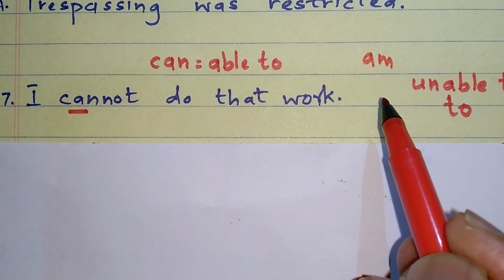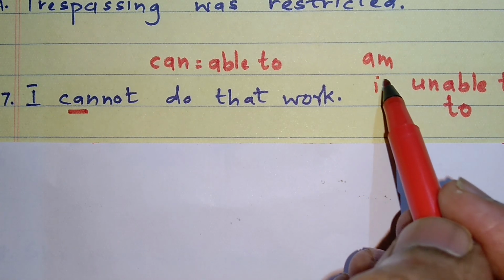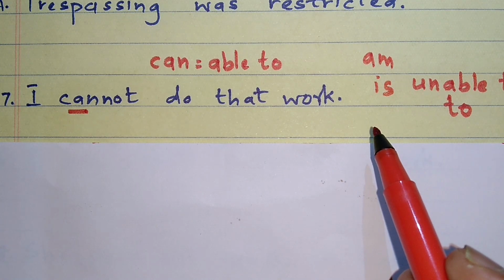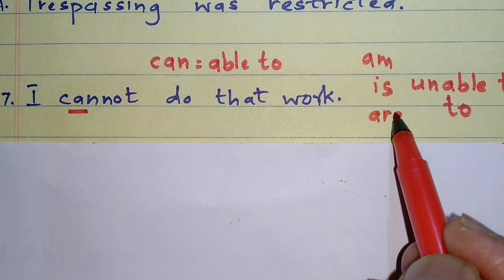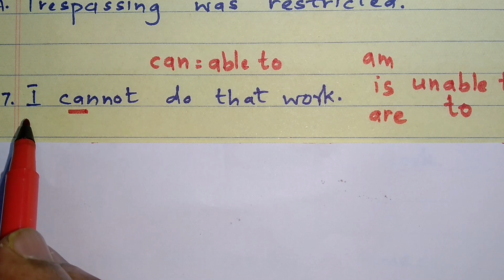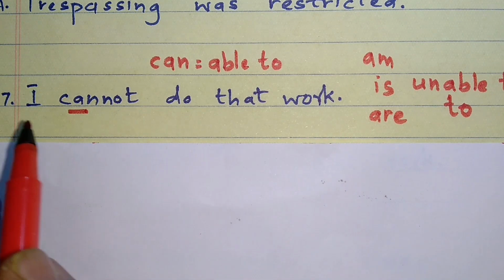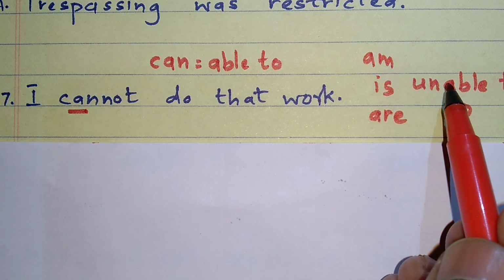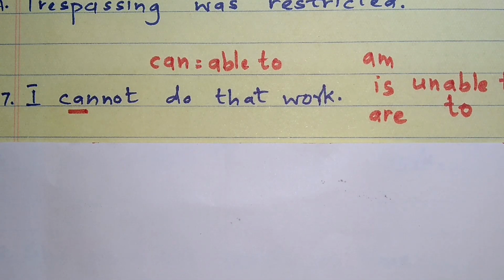Suppose if the subject is he, she, or it, then we will use is. If the subject is we, you, or they, then we have to use are. Now, in this case, the question is, I cannot do that work. So, our answer will be, I am unable to do that work.